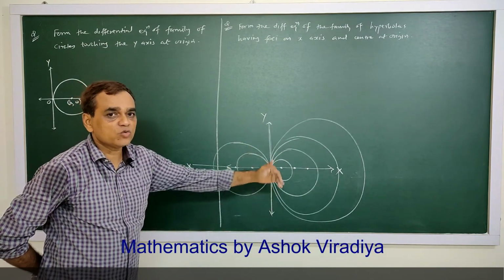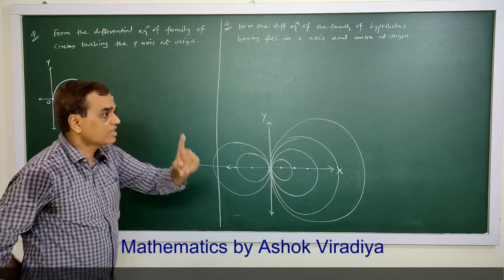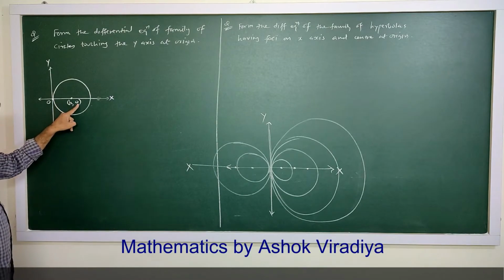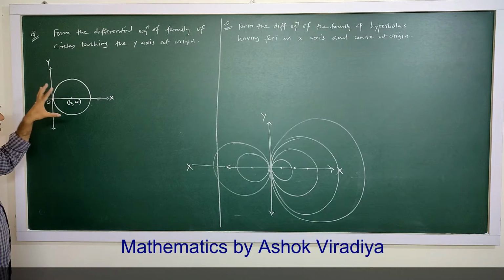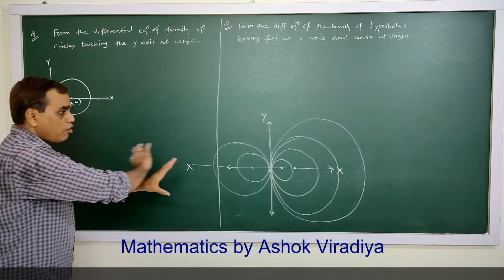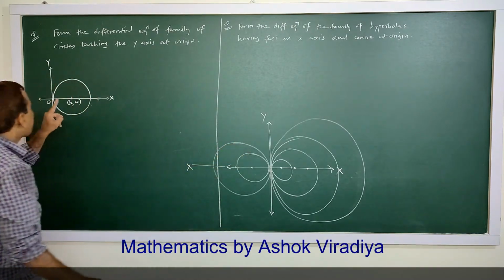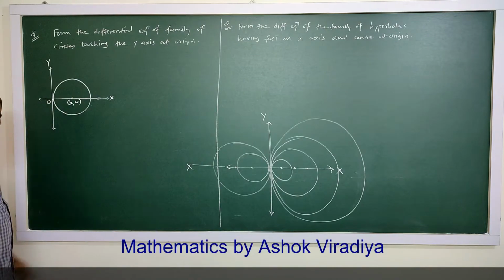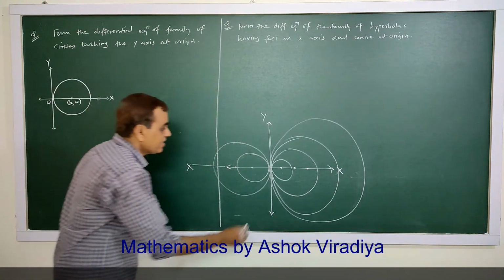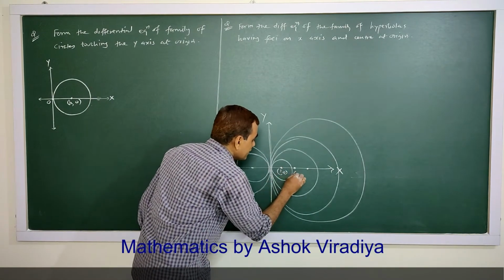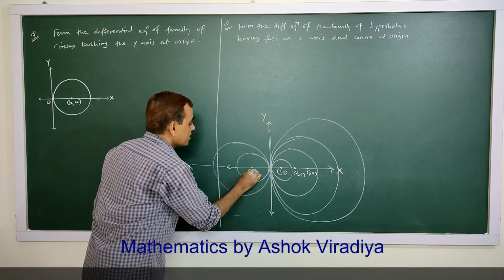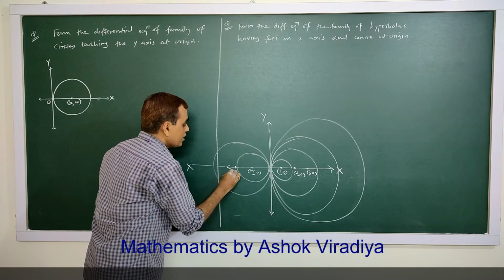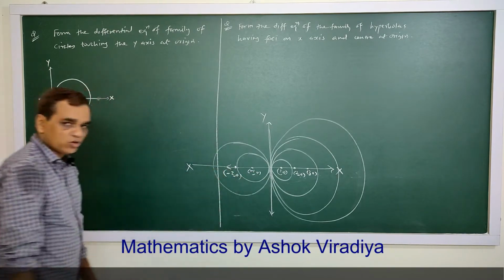In short, h 0. So this circle represents all these circles. So here h is an arbitrary constant. Center is 1 0, center is 2 0, here center is 3 0, center of this circle is minus 1 0, center of this circle is minus 2 0.